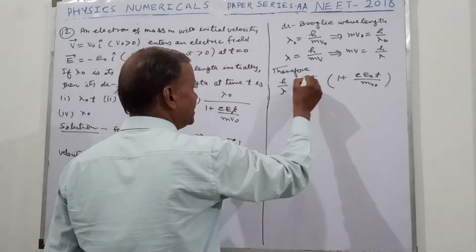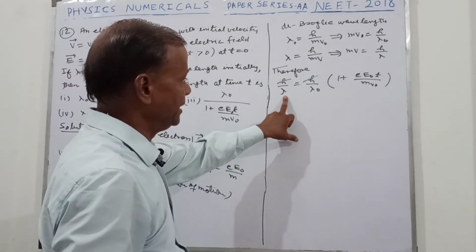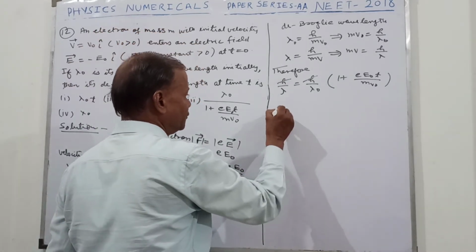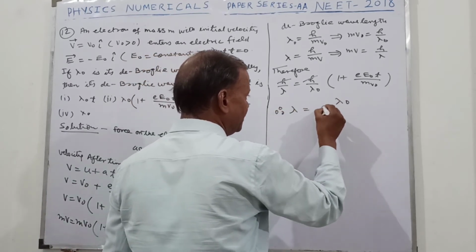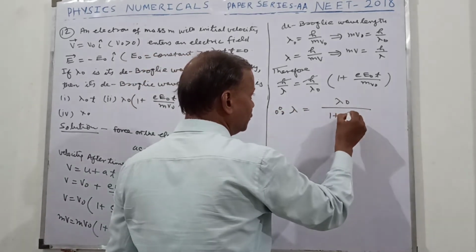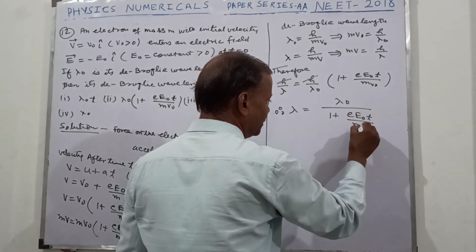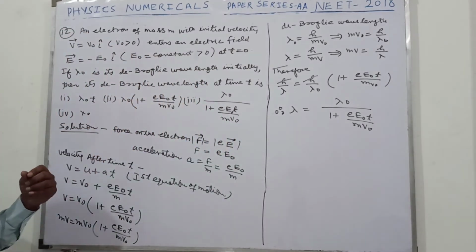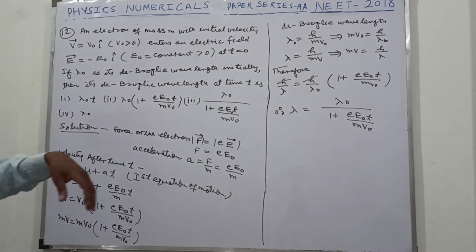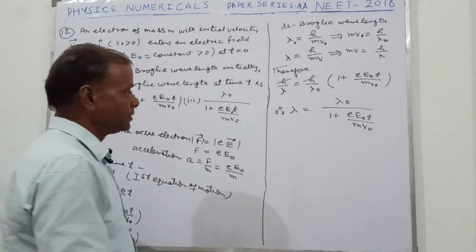Now you can see this h will cancel. You have to find this lambda. Therefore, lambda equal to lambda naught upon 1 plus e naught t upon mv naught. So this is the de Broglie wavelength after time t. So you can see that this matches with the third option. So our answer is third.